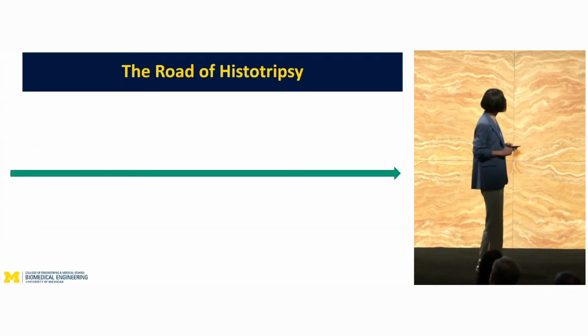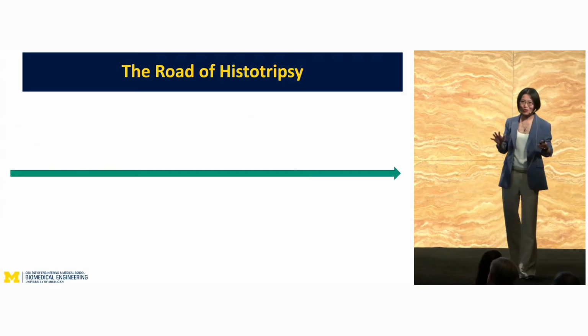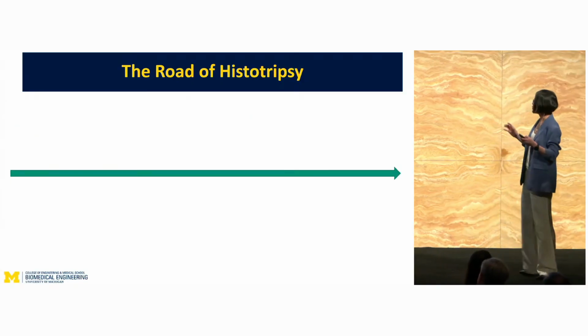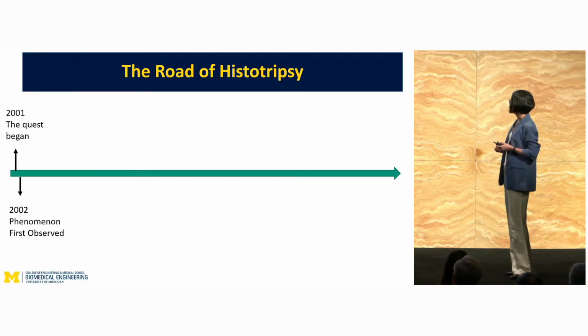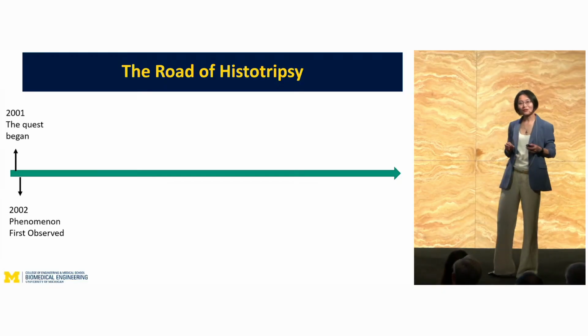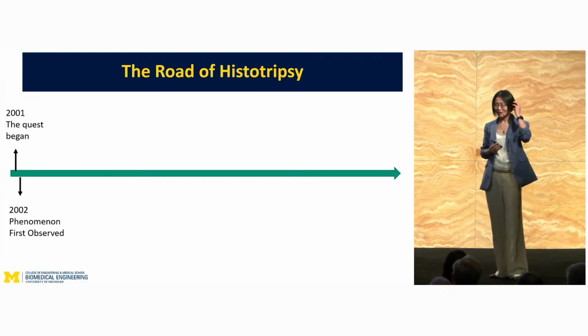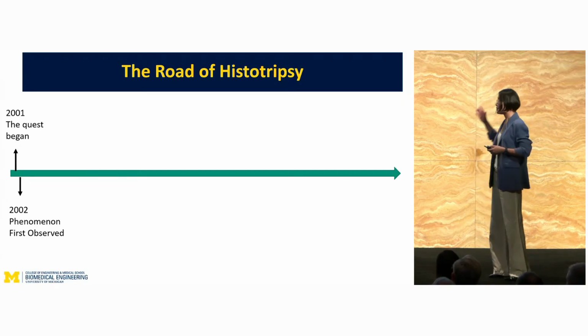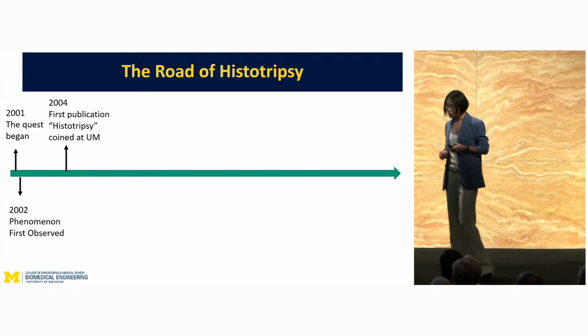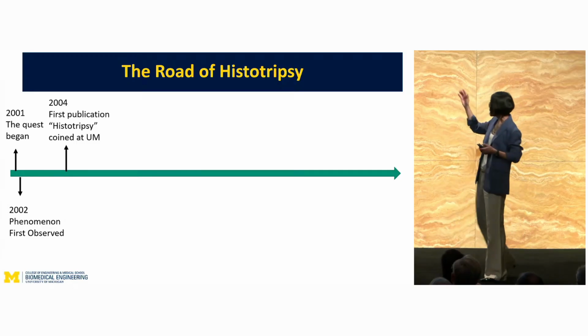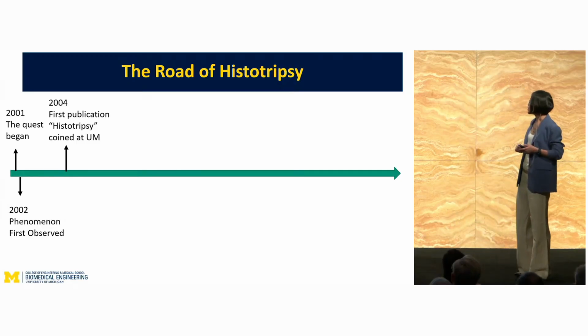So I'm going to talk about the 25-year journey to bring histotripsy from a concept to where it is now. 2001, I started my PhD, and in 2002, I first observed the phenomenon.